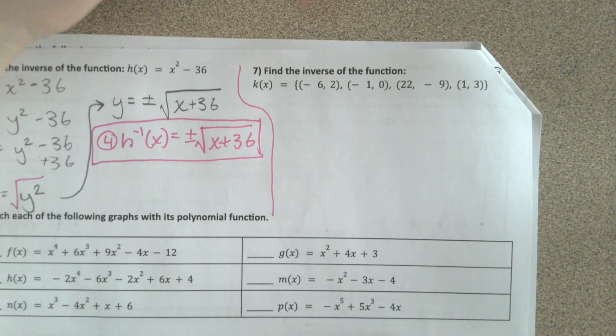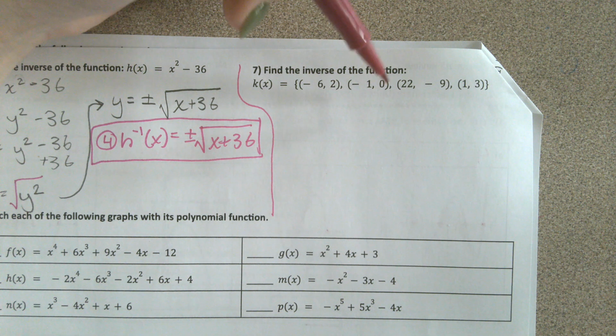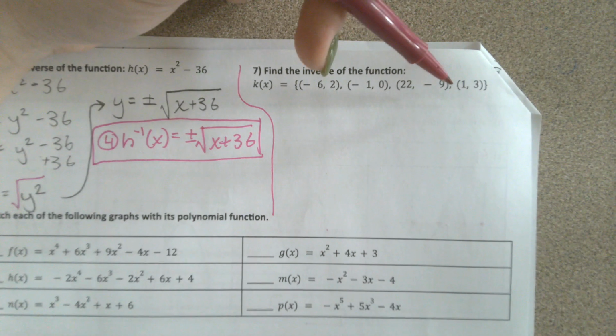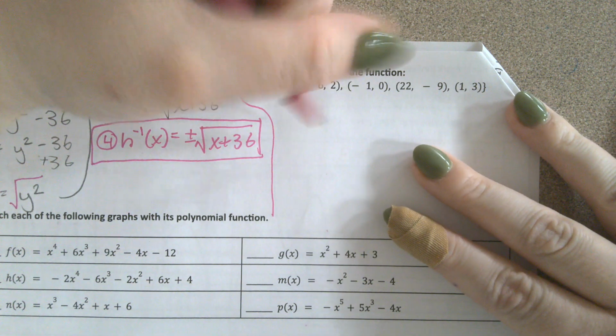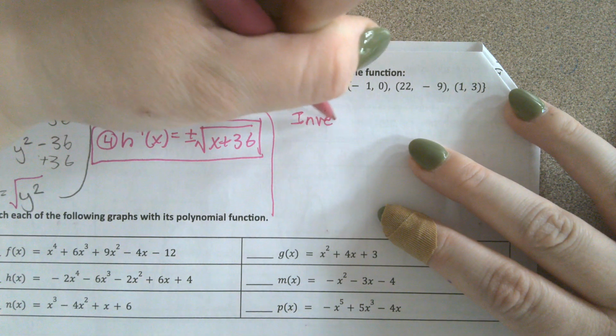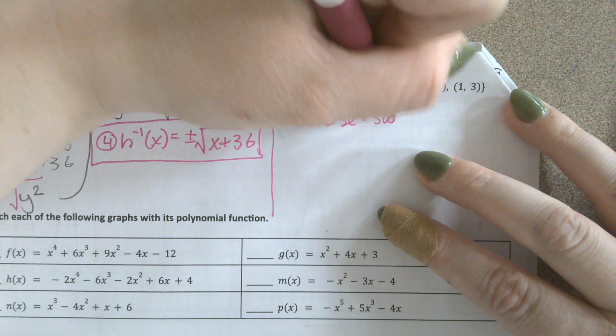Find the inverse of the function k of x equals negative 6, 2, negative 1, 0, 22, negative 9, 1, 3. So a lot of you look at this and you get extremely confused, but the concept is still the same. When you take an inverse, that means you switch x and y.